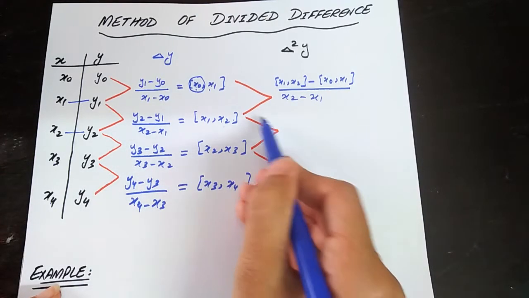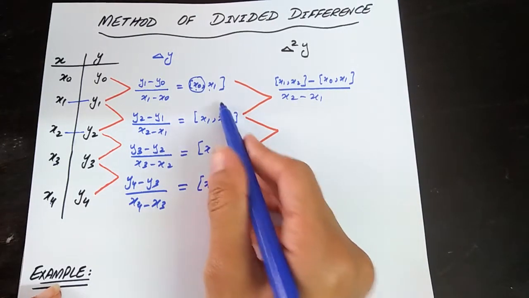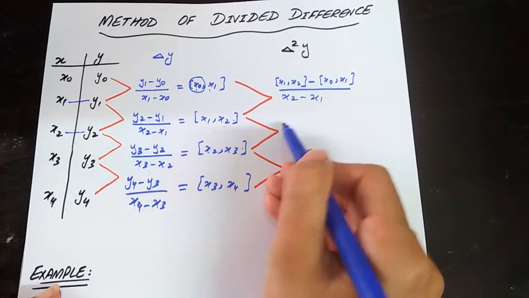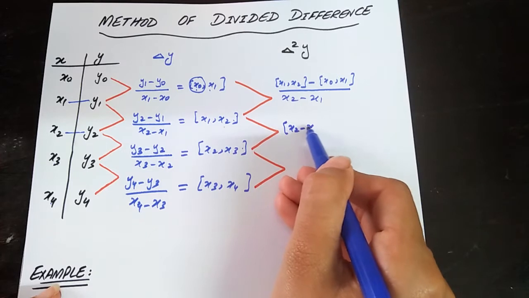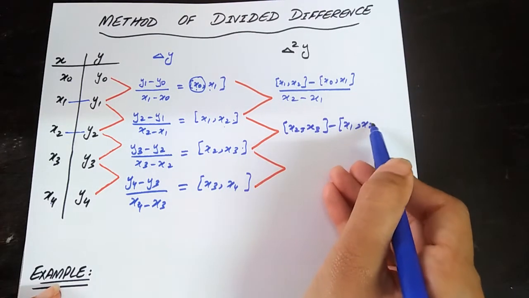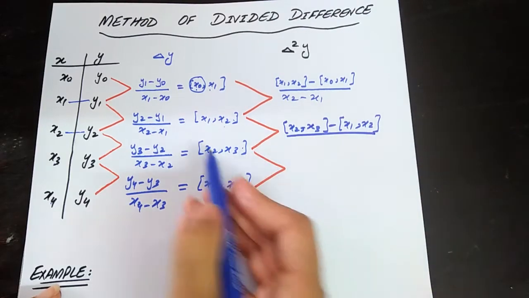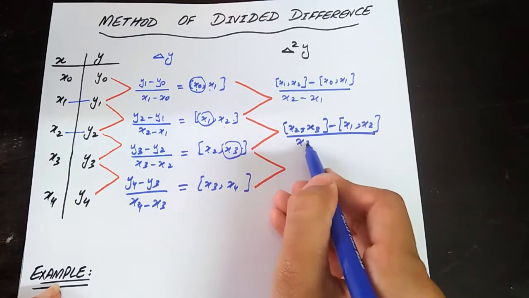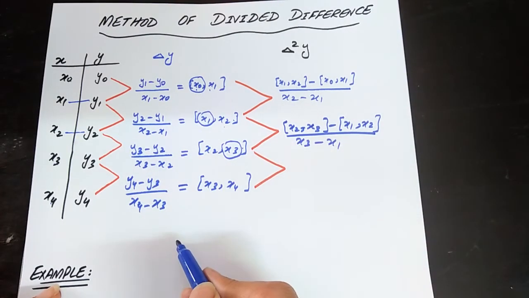Now come to the difference of the second and third value, that is third minus second: x2, x3 minus x1, x2 divided by, it is starting from x1 and ending at x3, so it will be x3 minus x1.